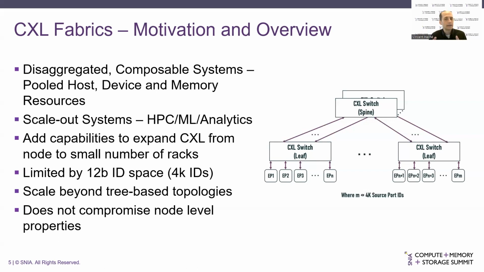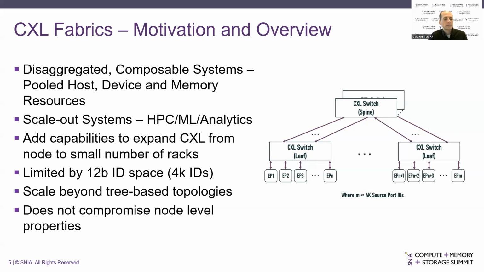So that defines the ID space that results in 4,096 IDs. There are different requirements for ID assignment depending on the actual interconnect, the system topology of the fabric. And so the exact scope of that rack will depend on the use case and the system topology, but that's the scale that one is looking at when defining a CXL fabric.